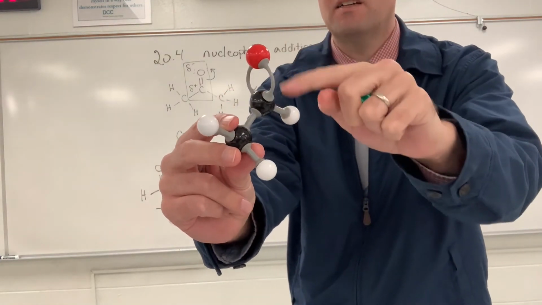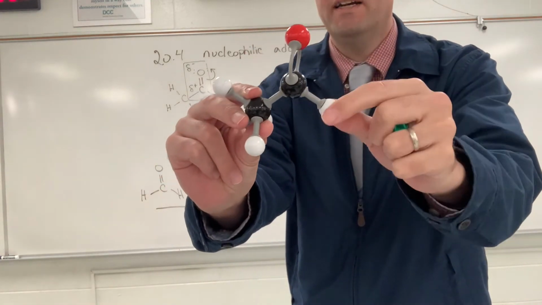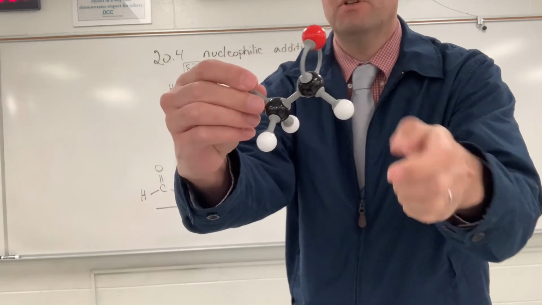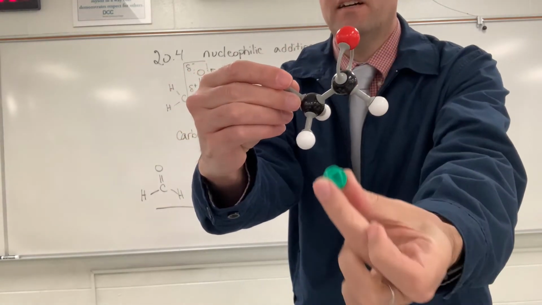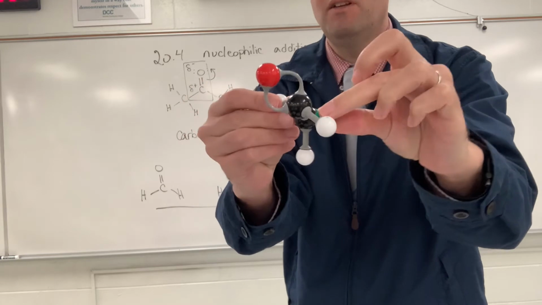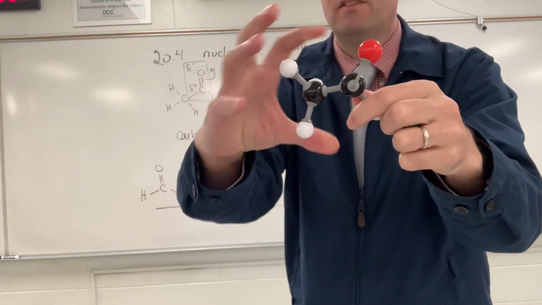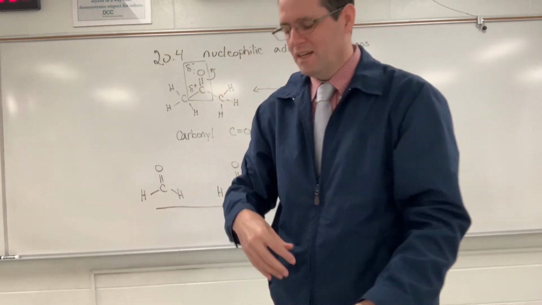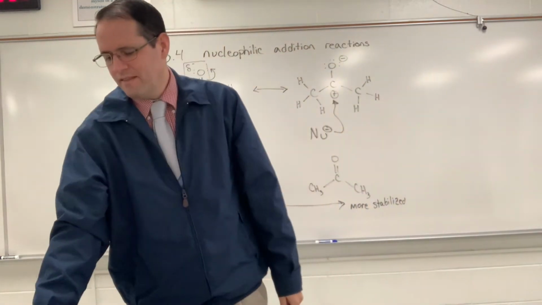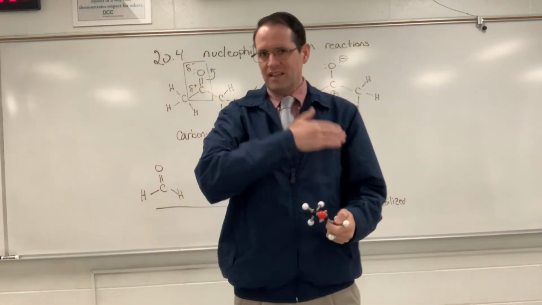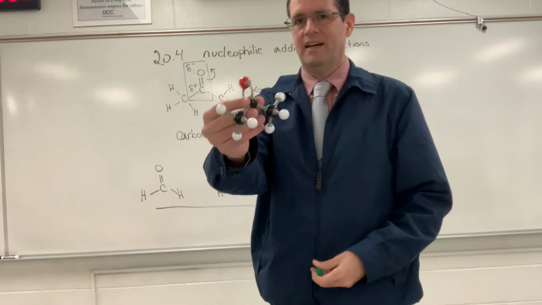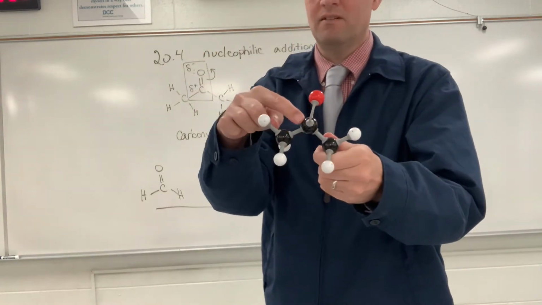We've got the carbon-oxygen pi bond there. We have one hydrogen and one methyl group, okay? So the incoming nucleophile can still kind of attack this carbon, but you can see how the steric bulk of this methyl group is starting to slow the ease by which that nucleophile approaches and attacks the carbon, okay?